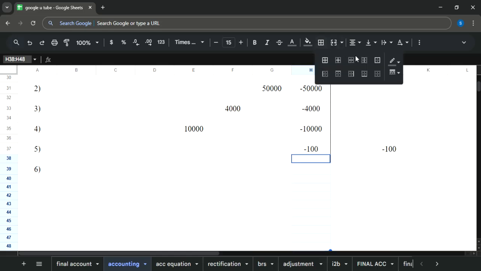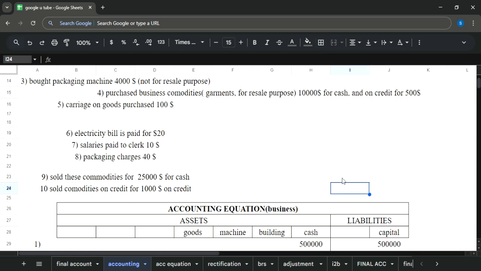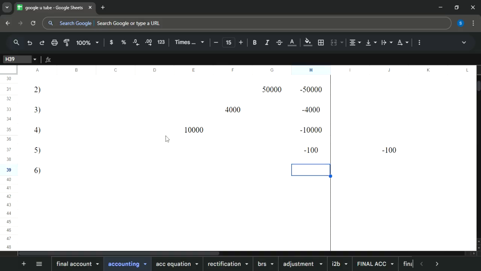For that we need a little bit more space. The sixth transaction was saying electricity bill. The owner had paid the electricity bill. It means again cash will go out, minus $20 you will put, and this was the responsibility of the owner. His capital would be decreased, same as what we have done in the fifth entry.